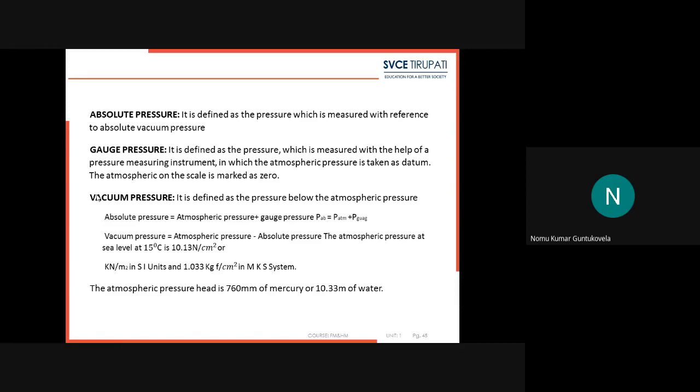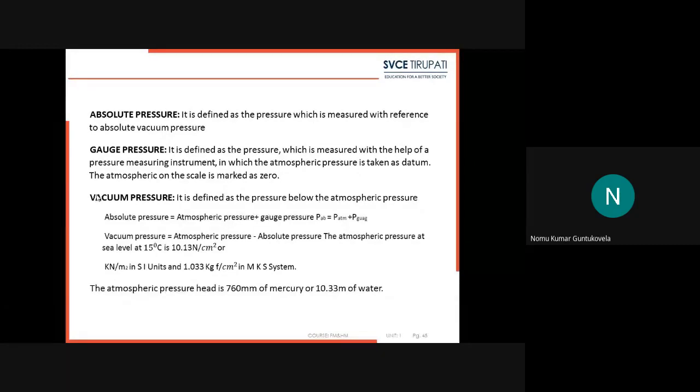There are two different types of pressure measurement devices: the first is mechanical gauges, and the second is manometers. Manometers are the devices used to find out the pressure.